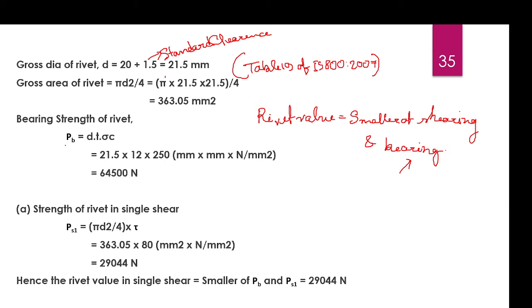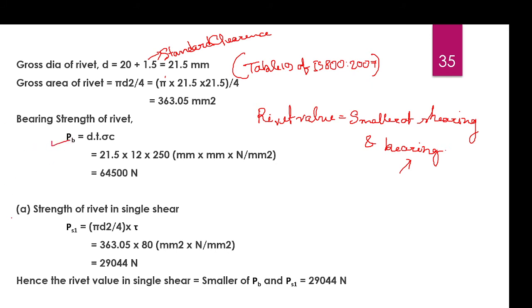The formula for bearing strength is P suffix B equal to d into t into sigma suffix c. Here d is the gross diameter of the rivet, t is the thickness of the plate, and sigma c is already given. Putting all the values in this formula, we can have the bearing strength as 64,500 Newton. This will be common for both cases, that is PB.